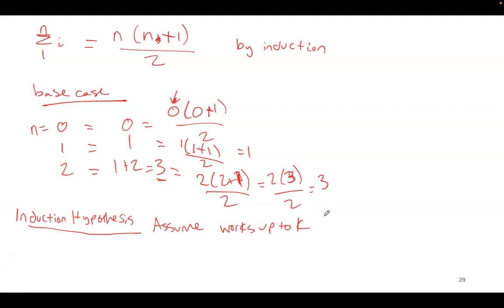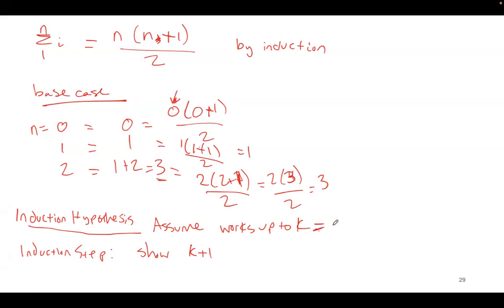We can call it anything we want except for n. So assume it works up to this number. And then the induction step, as we call it, is we want to show it works for k plus 1.